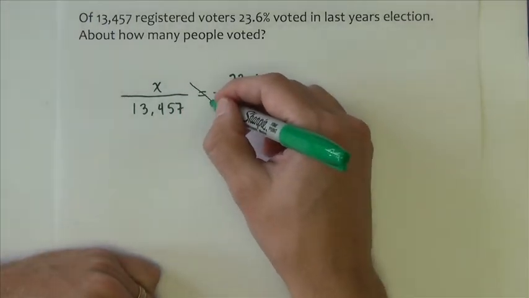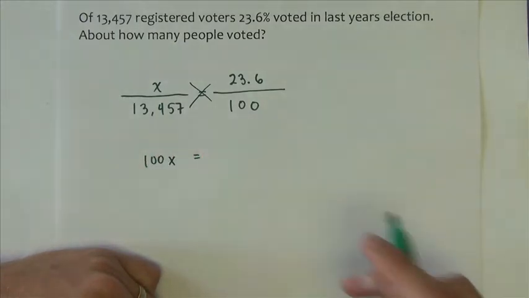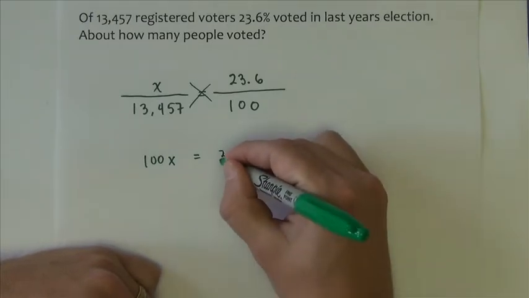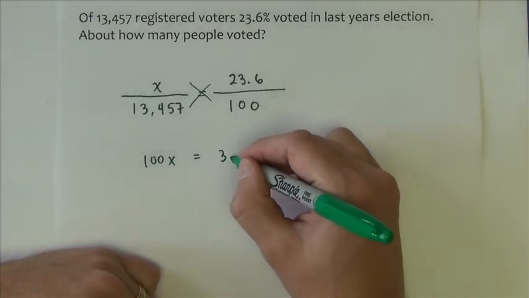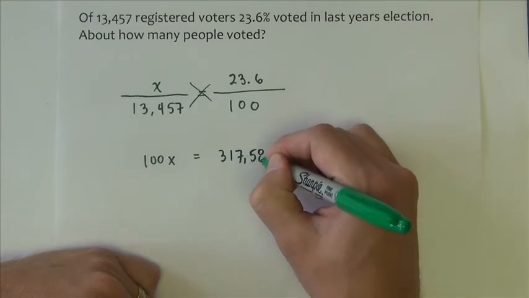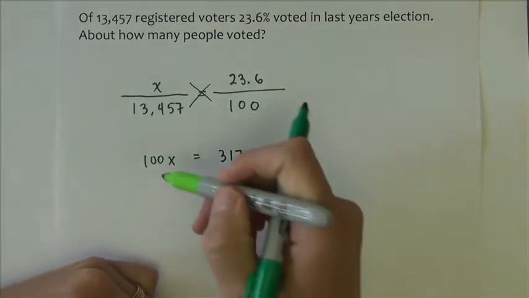So cross products, we get 100x equals, I'm going to use the calculator to multiply 23.6 times 13,457, which is 317,585.2. We'll divide by 100.